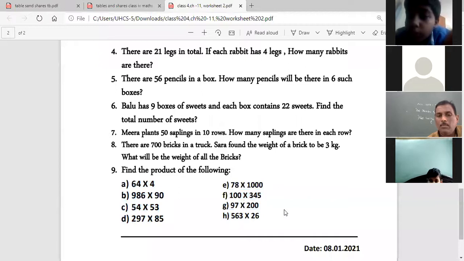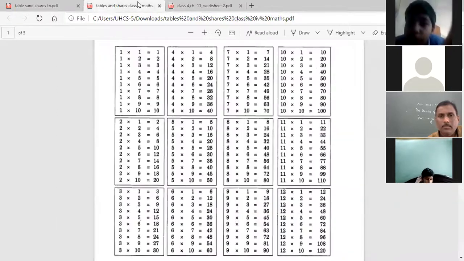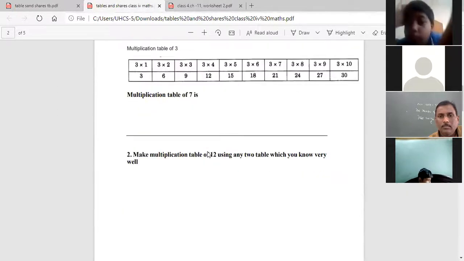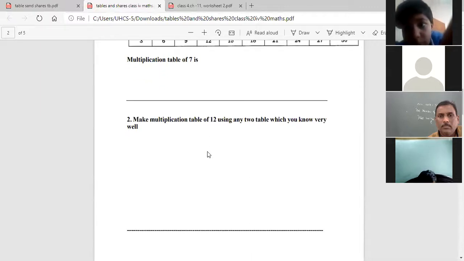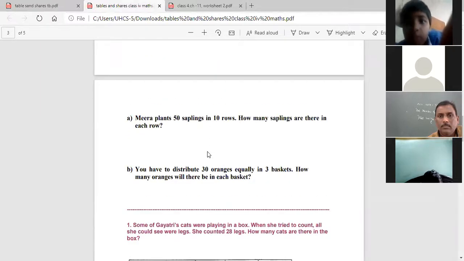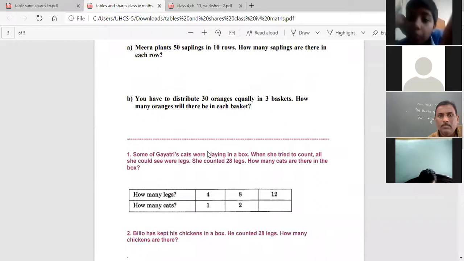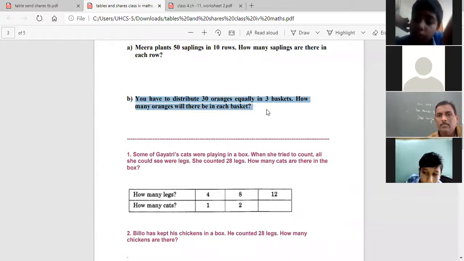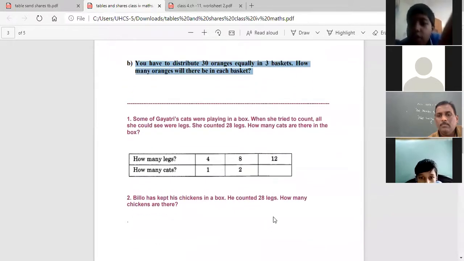These are the problems on multiplication. Look at this. Oranges in each basket.